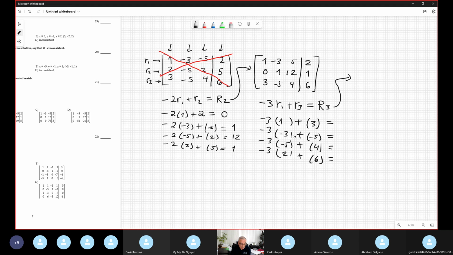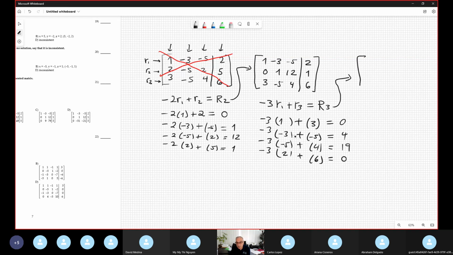Okay, and the answer is 0. This is 9, +9 -5 is 4. And this is 15 +4 is 19. And this is -6 plus 6 is 0, no? It's 0 because -6 plus 6 is 0.